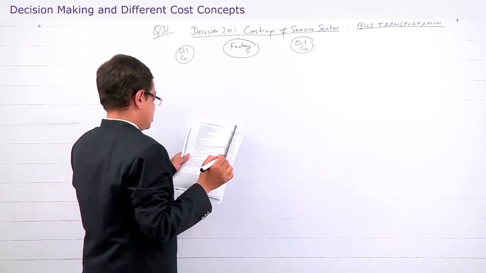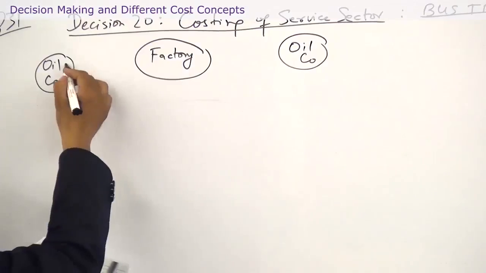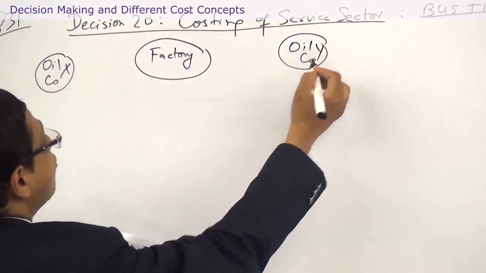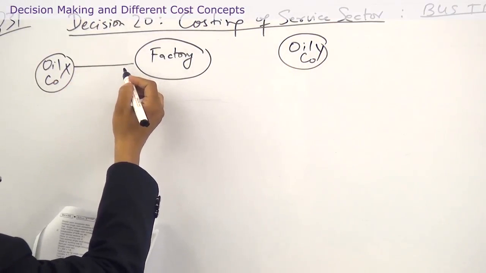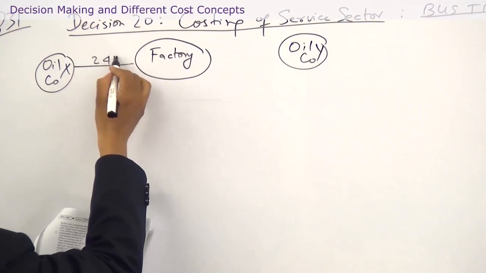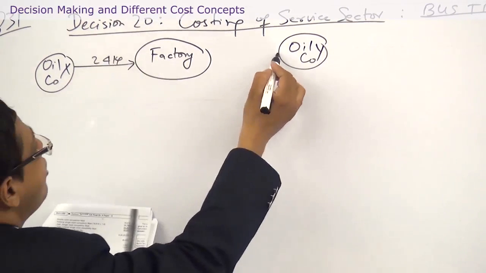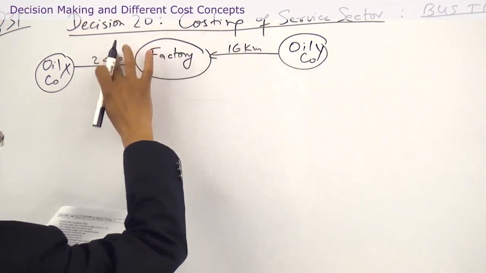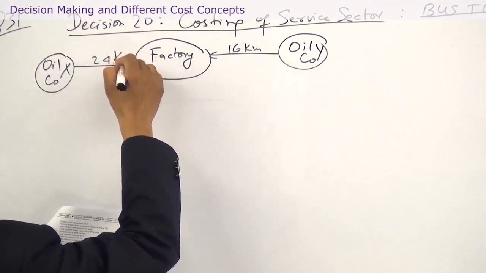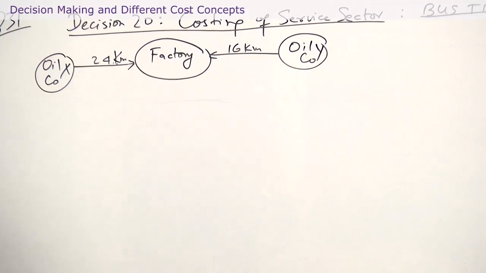So, you have X oil company, you have Y oil company. X oil company is situated at 24 kilometer, Y oil company is situated at 16 kilometer.